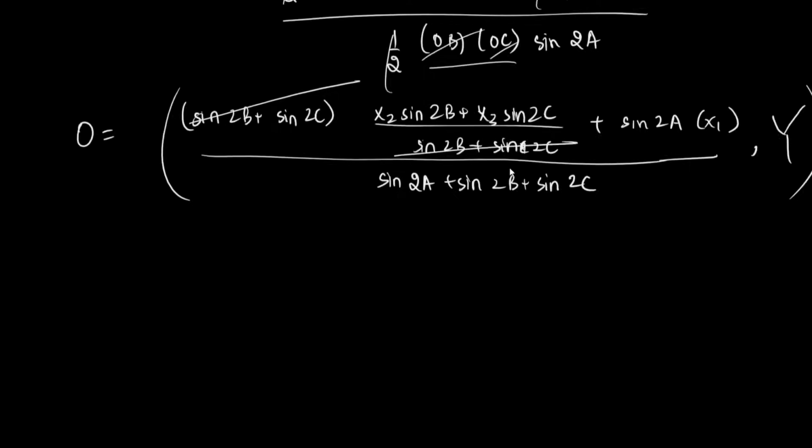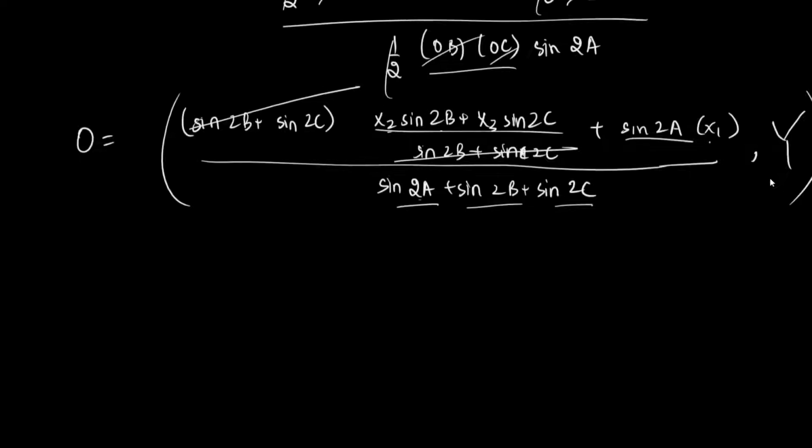You cancel these out, and you get a nice symmetric expression: x1 into sine of 2A plus x2 into sine of 2B plus x3 into sine of 2C, divided by sine of 2A plus sine of 2B plus sine of 2C, and a similar thing for the y-coordinate as well.